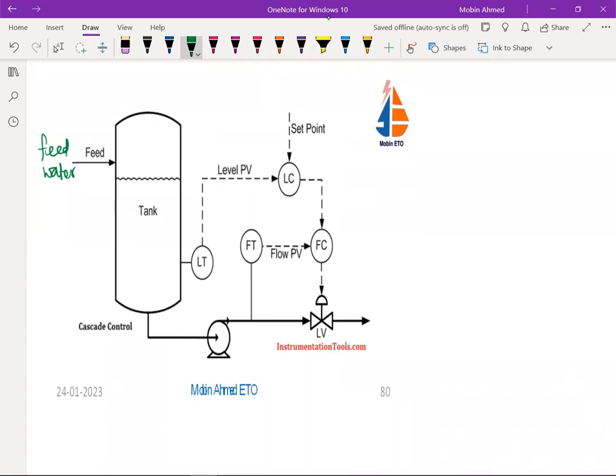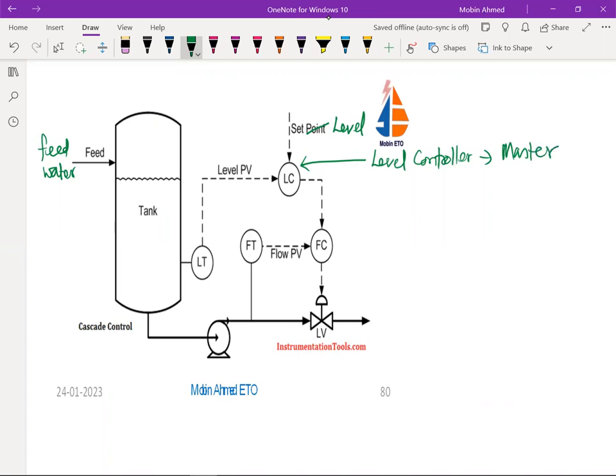Now there is a level control. So how much level should this tank maintain? So there is a level control. So this is the set point, that is the set level. So this one is the level controller. LC is a level controller. So this is master.